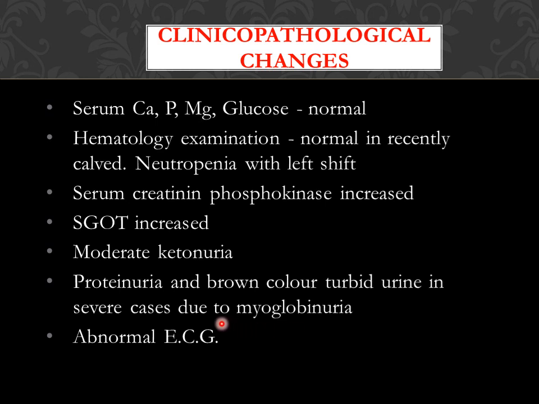There is muscle damage, muscle degeneration, muscle necrosis, so this muscle protein will appear in urine. Myoglobin separated from muscle goes to blood and appears in urine. Sometimes there is abnormal ECG finding.